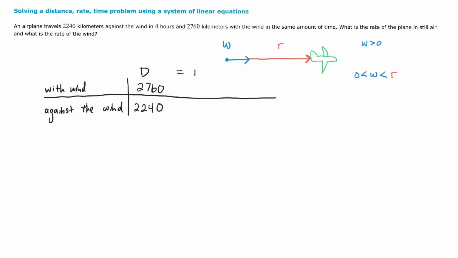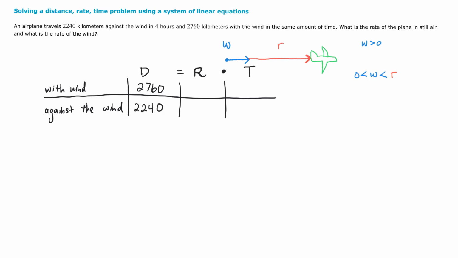The next part of my chart is actually rate. I use a capital R. And the last column of our chart is time, and I'll use a capital T. So distance equals rate times time. The rate with the wind is indicated from our picture.